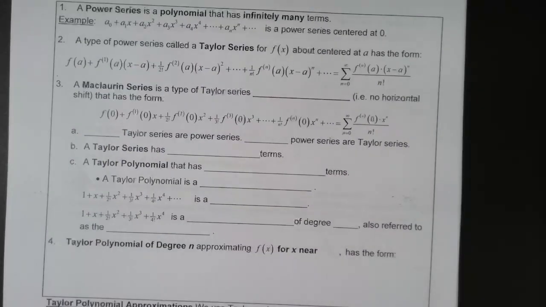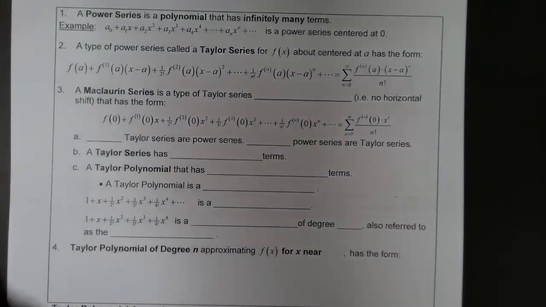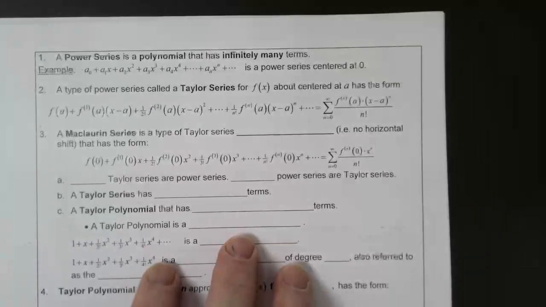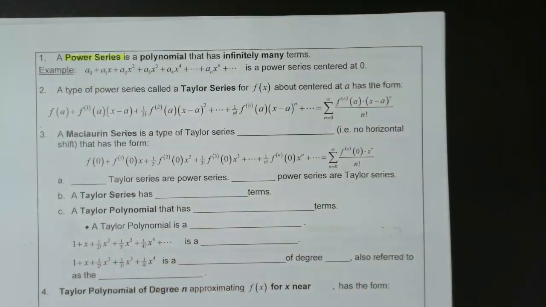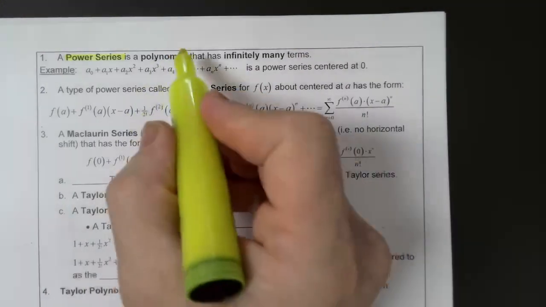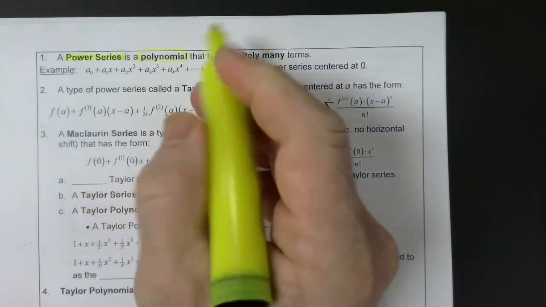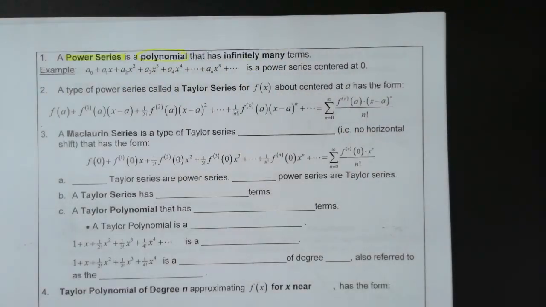Okay. So, let's backtrack a little bit and make sure we have some good understanding and knowledge of these terms that we're going to talk about. All right, so first of all, a power series. What is a power series? It's any polynomial with infinite terms. Again, the weird way we're saying it's a polynomial, even though we know a polynomial can't be infinite.